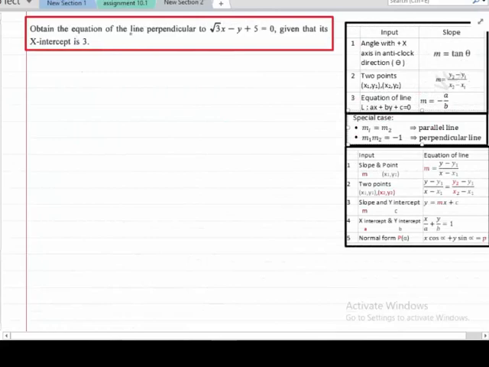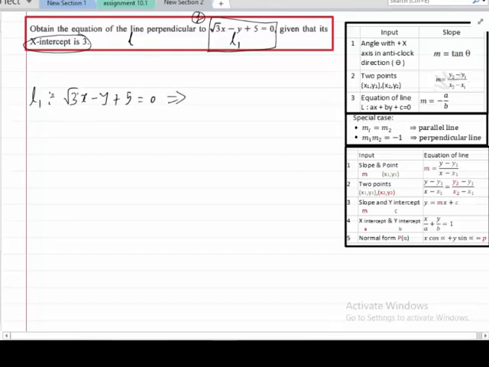In this question, we have to obtain the equation of line L which is perpendicular to line L1, which has equation root 3x minus y plus 5 equal to 0, and given that its x-intercept is 3. First of all, let's see the equation of L1, which is the given line, root 3x minus y plus 5 equal to 0.